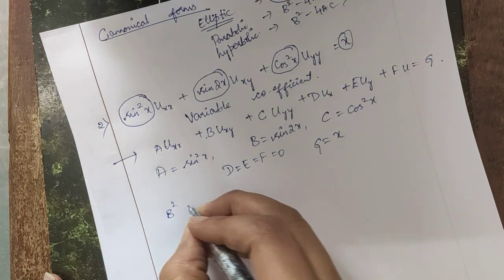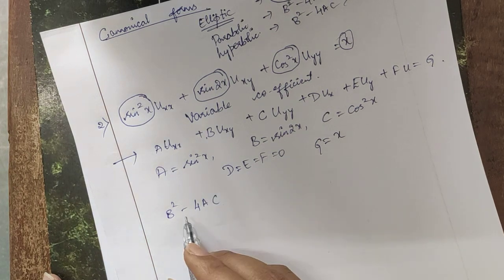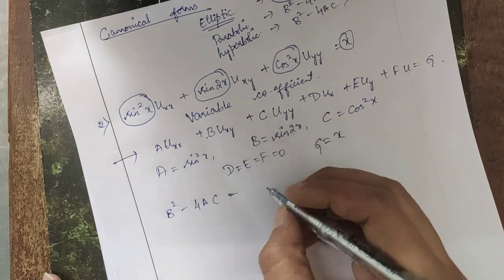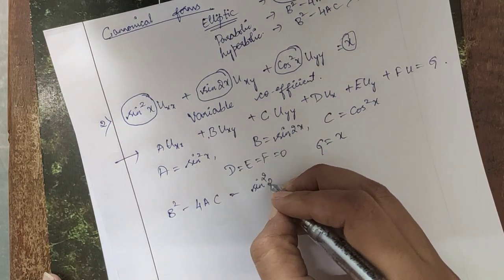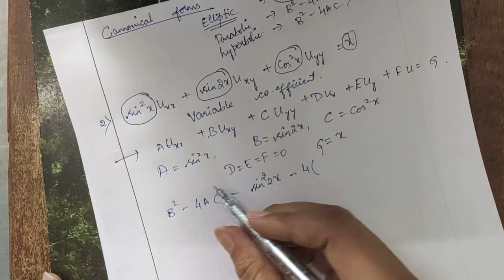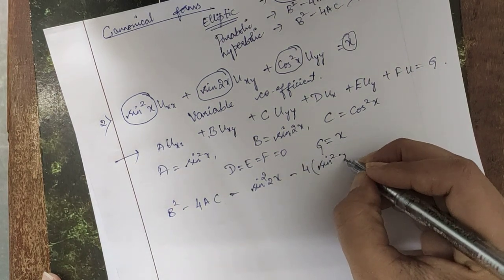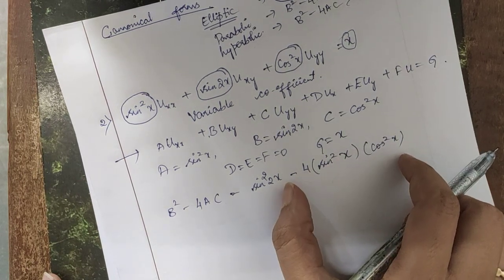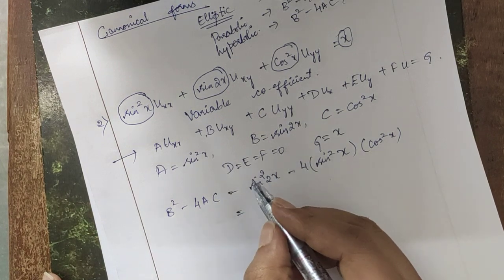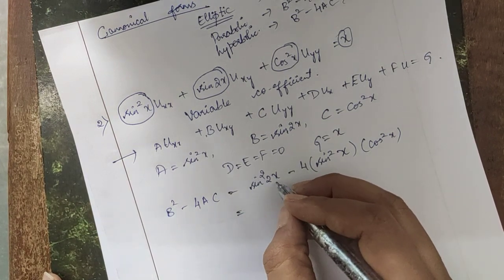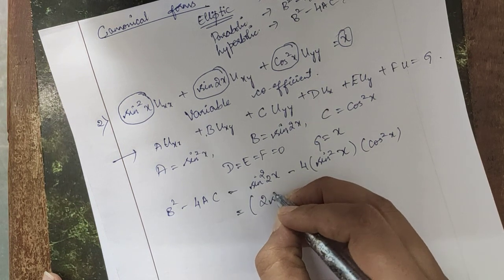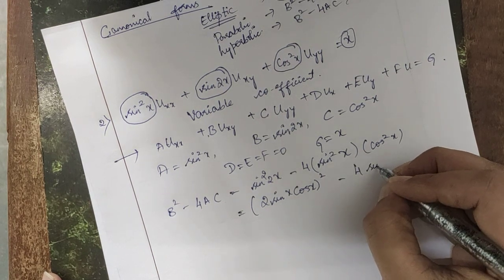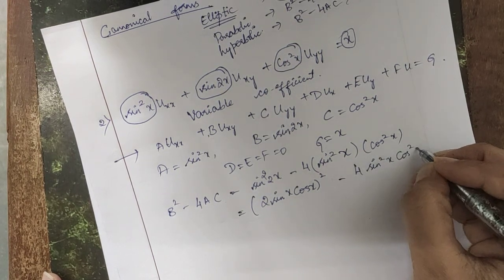Now let's find out the nature of the PDE by using b square minus 4ac. b is sine 2x, so b square means sine square 2x, minus 4 into a, which is sine square x, and c, which is cos square x. I have to simplify this now. We know the formula for sine 2x, so I can write sine square 2x as 2 sine x cos x whole square, minus 4 sine square x cos square x.